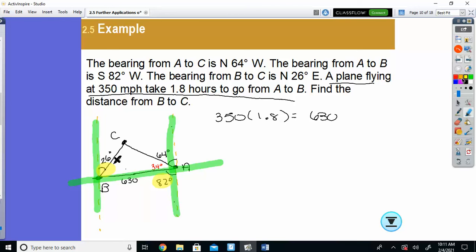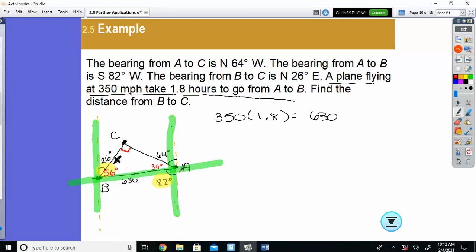So what would I do to find the part in my triangle? 82 minus 26, because these two together have to equal the 82. They're alternate interior, so 82 minus 26 tells us that this is 56. 56 plus 34 is 90, which means this is a right angle. We have a right triangle.